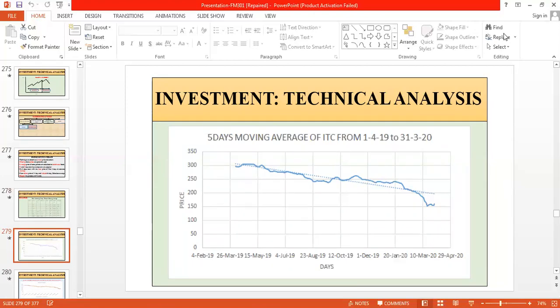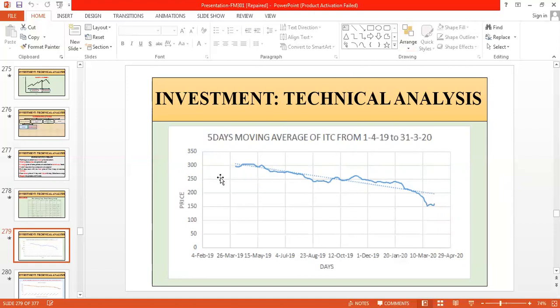Just see, we have considered the price of ITC from 1st April 2019 to 31st March 2020. That means we have taken the price of the last financial year and we have calculated the 5 days moving average.